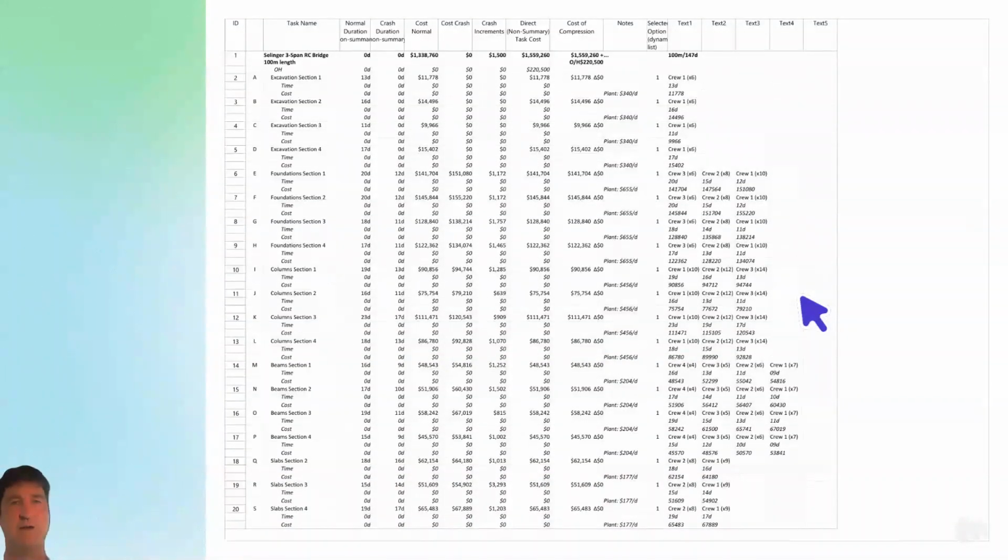Therefore, we need software that helps us to solve this time cost problem, and that's where time cost curves, our company, comes in, and your end result should be a time cost curve. That is proof that you have wrestled with and solved the time cost problem.